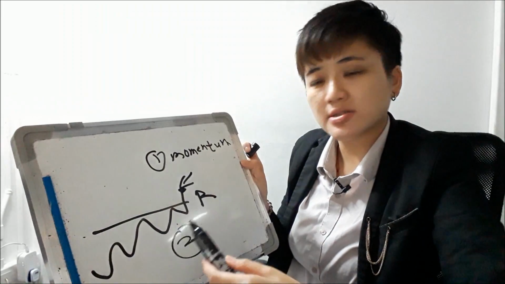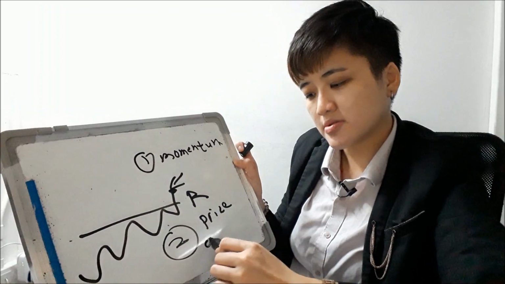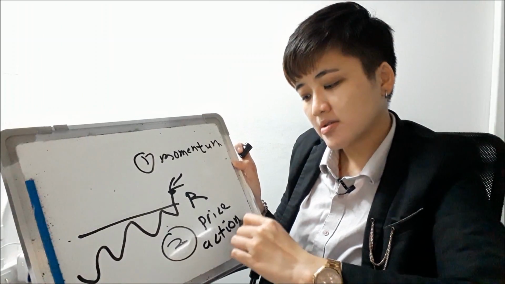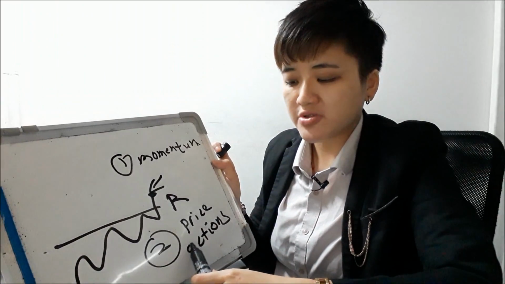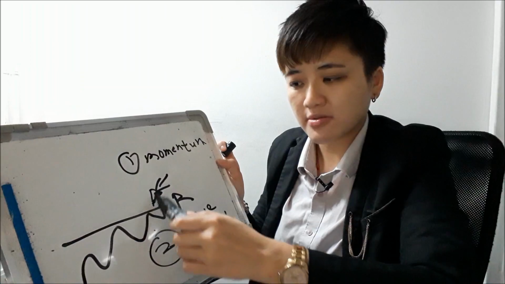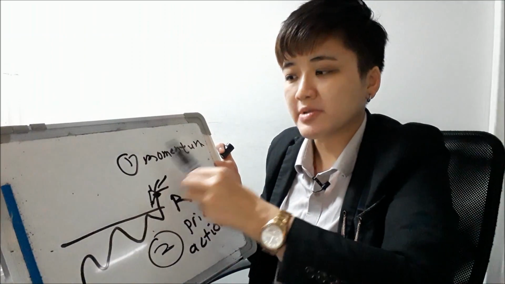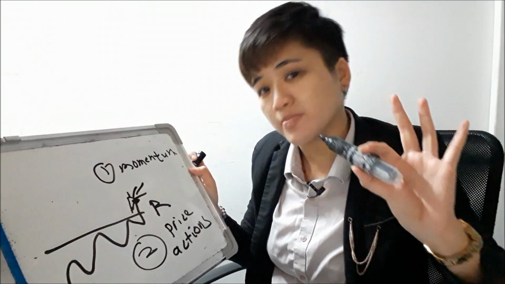Second thing that you can do is find whether there are any price action signals. Meaning you need confirmation after confirmation after confirmation. You know what I'm saying? Like for example, you see a bullish candlestick forming at this breakout level, and then you find out that there's enough momentum for the price to go up. So there are already 3 things telling you to buy. Then this is a high probability trade.